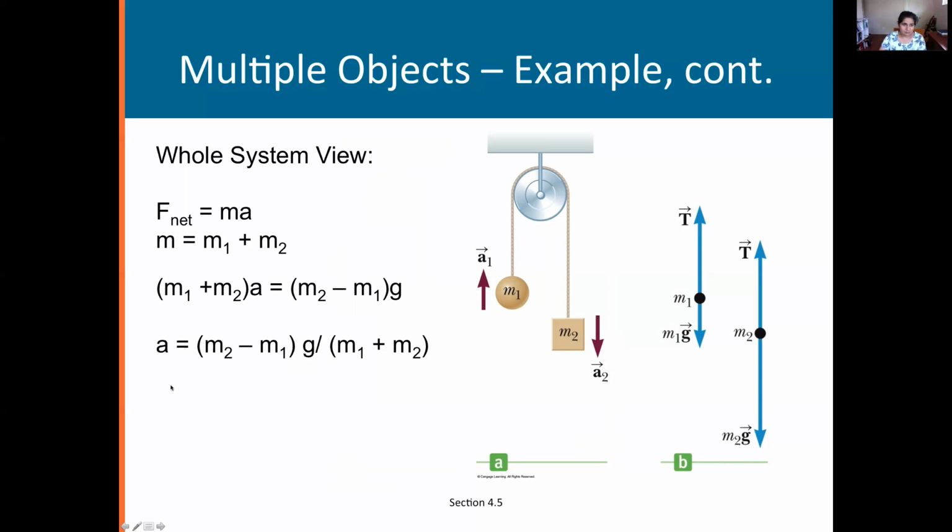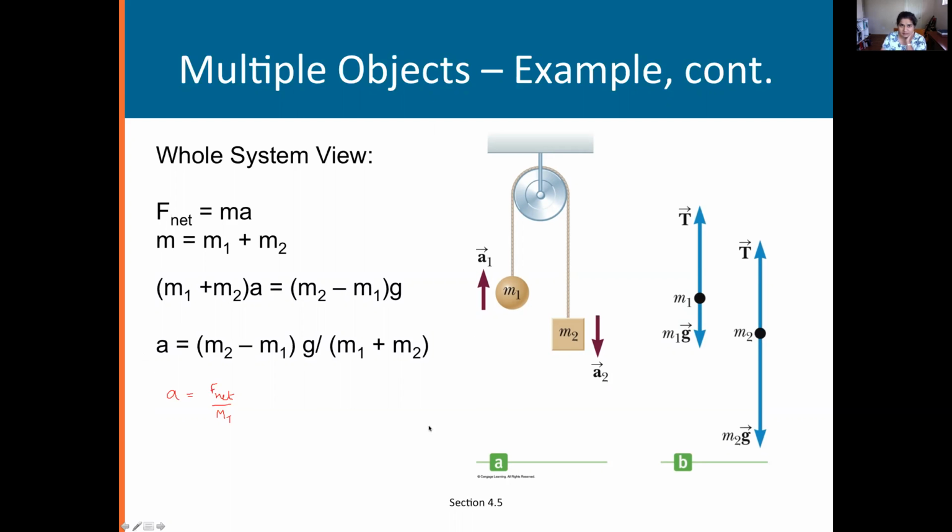So I can write here, actually, let me just write that to make it more clear, that a equals F net divided by the total mass of the system. So we have a formula for the net acceleration.